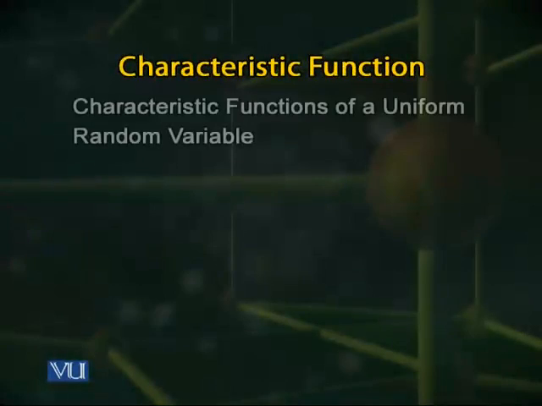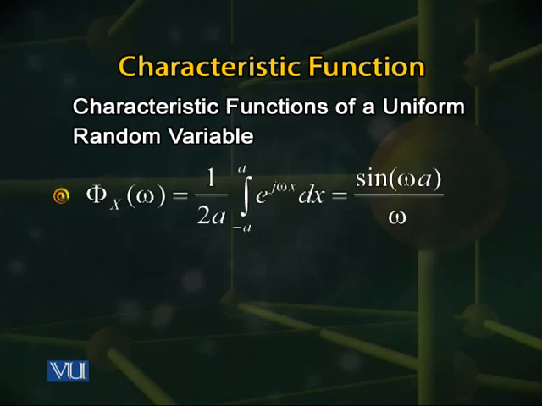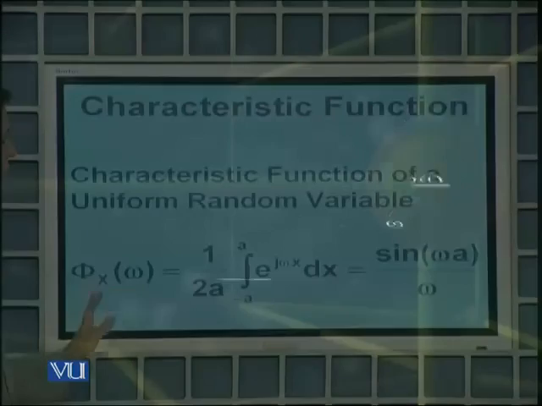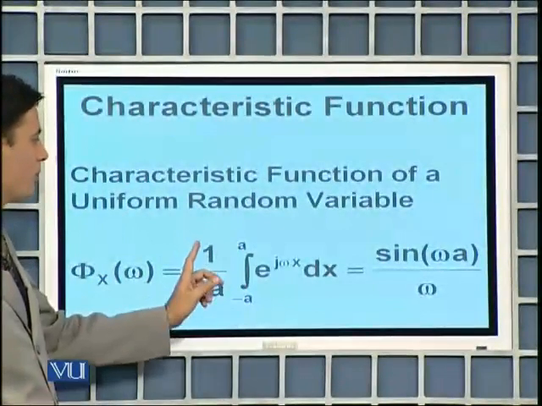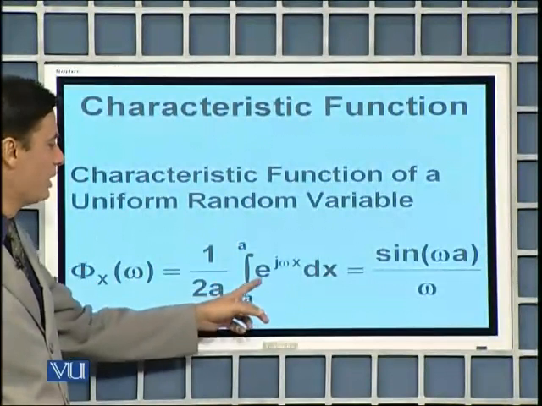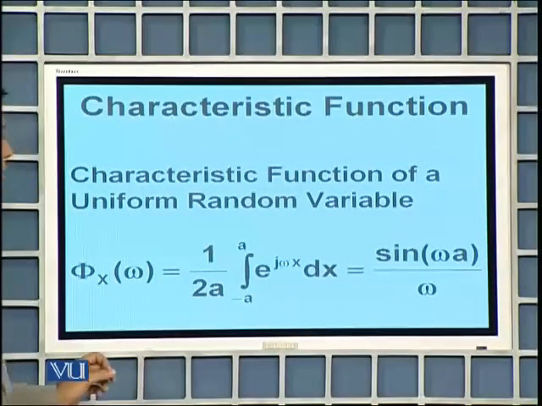The first case is the characteristic function of a uniformly distributed random variable. So if the random variable is uniformly distributed over an interval which starts at -a and ends at a, then all expected values will use integration from -a to a. And this is the function of random variable x that we are going to use for evaluation of characteristic function.